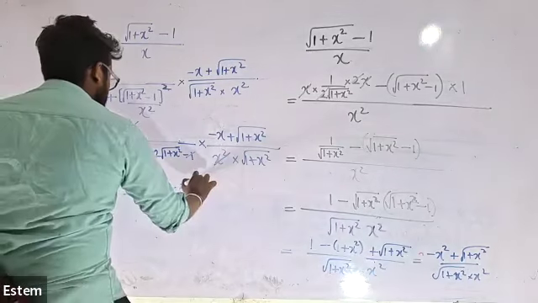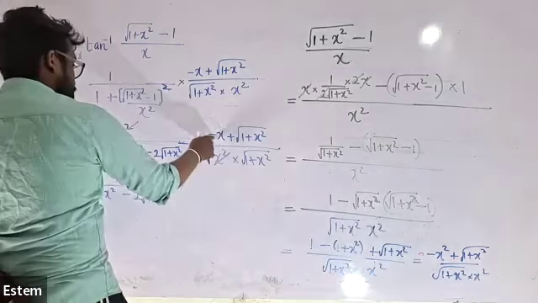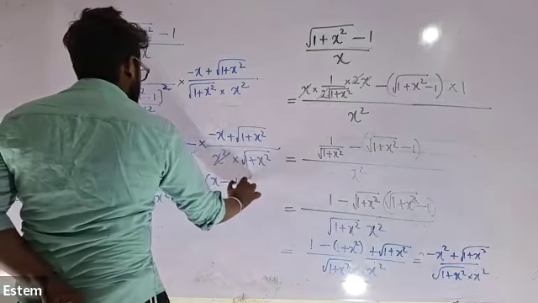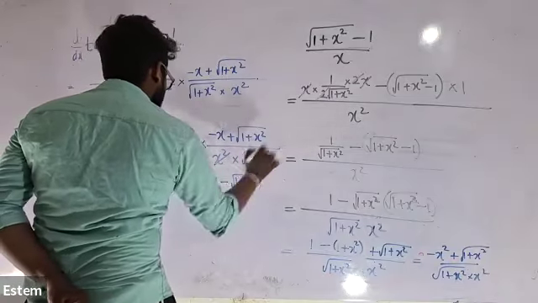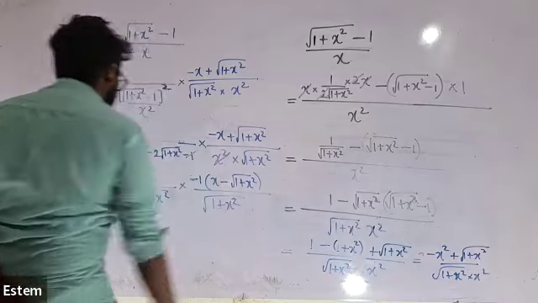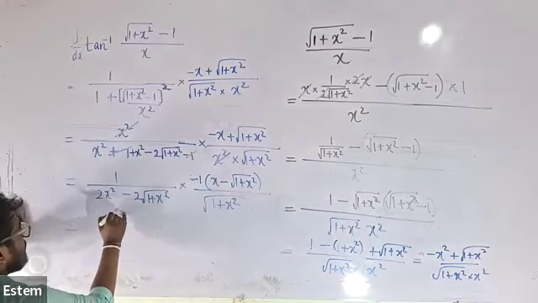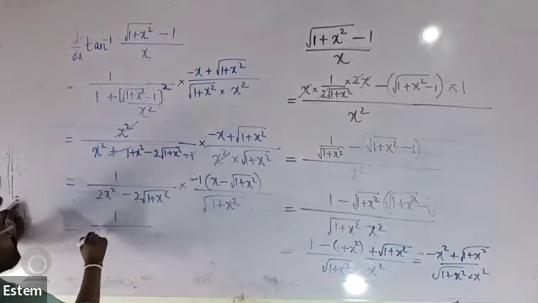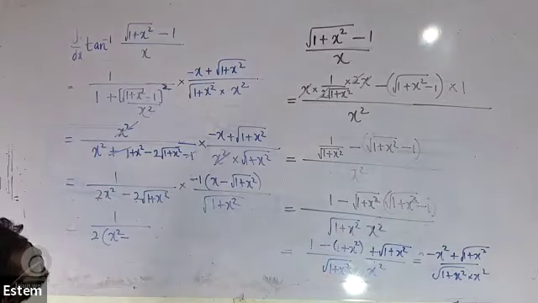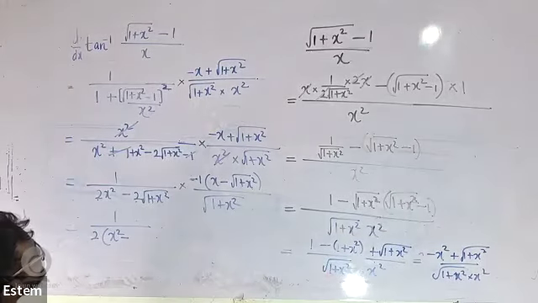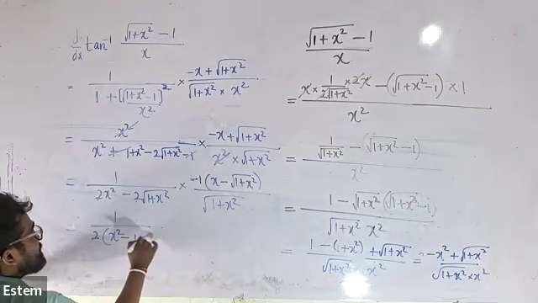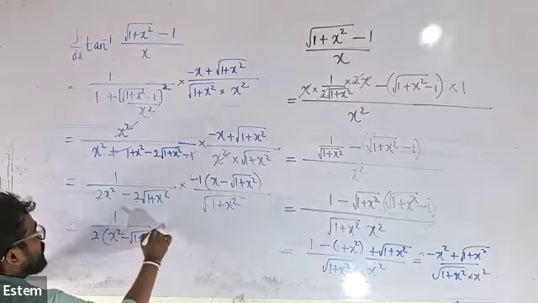And here I will get a minus 1 out. Minus 1 out, x minus the square root of 1 plus x squared. There is a reason for that. In here it is only the square root of 1 plus x squared. Now what's happening? In here I pull out 2. Then x squared. Oh, it's x squared, no? X squared minus, not 2, the square root of 1 plus x squared.